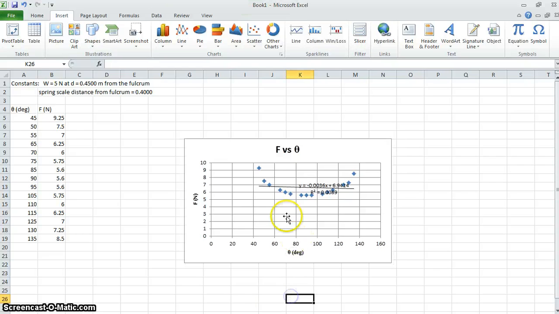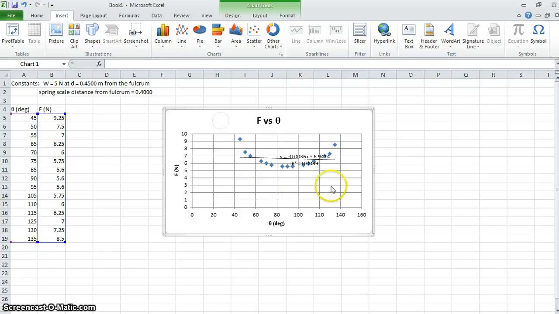Okay, so my point here though was not to do all that stuff, but to notice this is some kind of relationship I've never seen before. I don't have any idea how to do that. But you might guess that maybe this has to do with some kind of trig function, because it looks like it has a maximum force at 0 degrees, another maximum force maybe at 180 degrees, and a minimum at around 90.